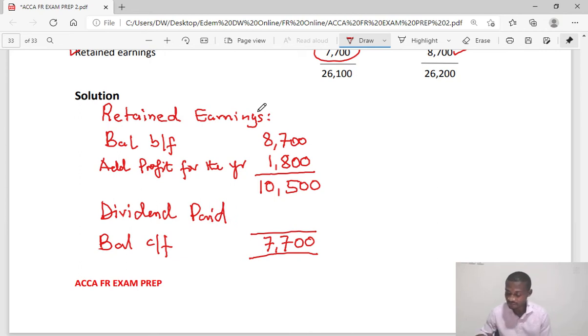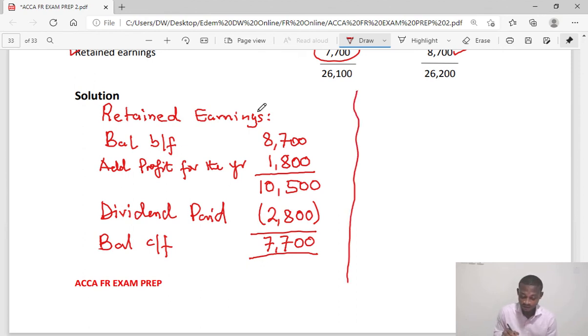So 10,500 minus 7,700, and the dividend paid for the year will be 2,800, and that is an outflow. So under the financing cash flow, you see the dividend paid as an outflow. Very simple adjustment.